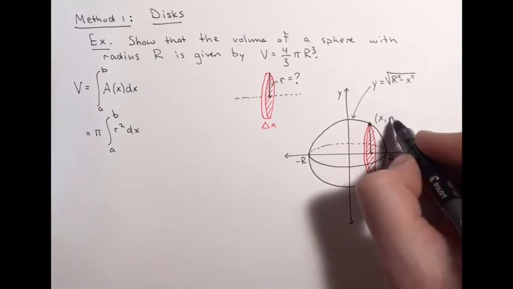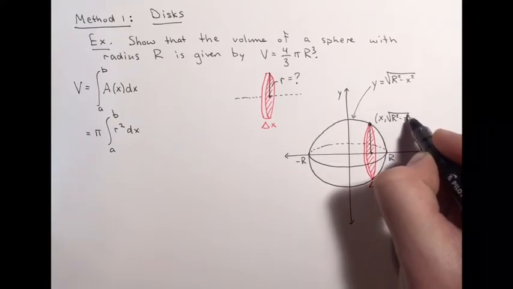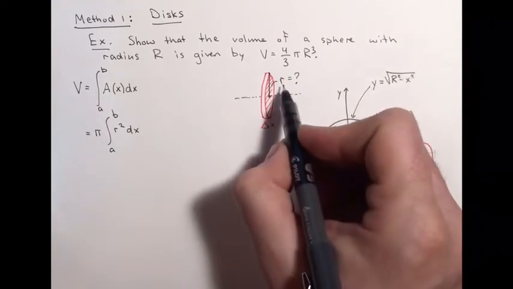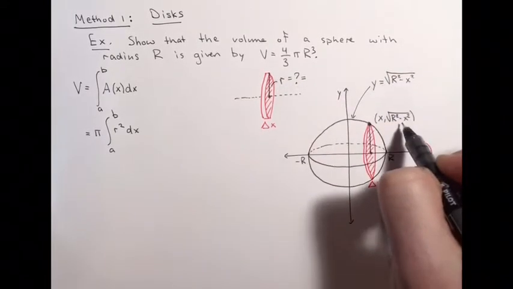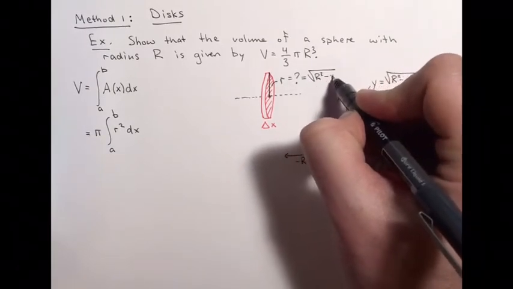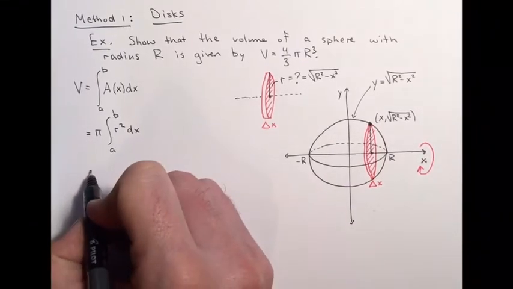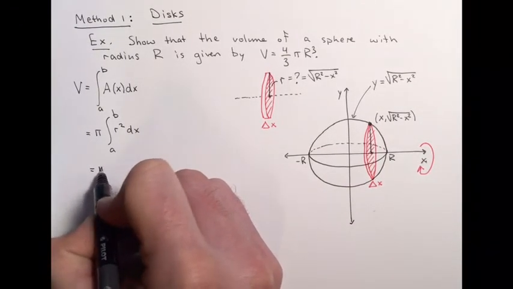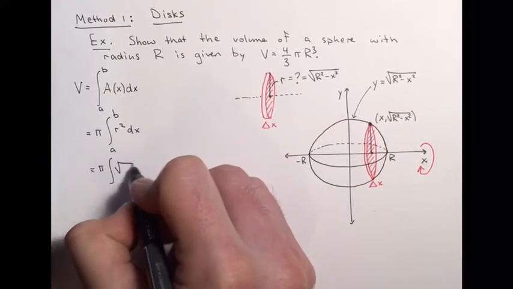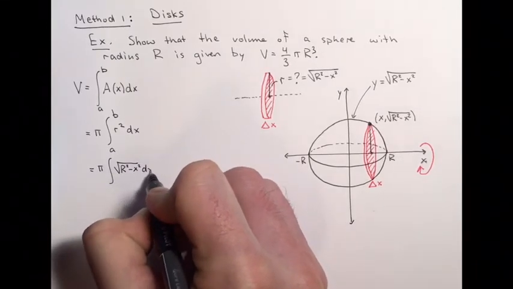And so that is going to be the y value of this point, and that y value will be our radius. So this radius here is actually just going to be the square root of r squared minus x squared, and that's the y value. So we can go back now and plug everything in, and we do end up with pi. We have our radius is the square root r squared minus x squared.